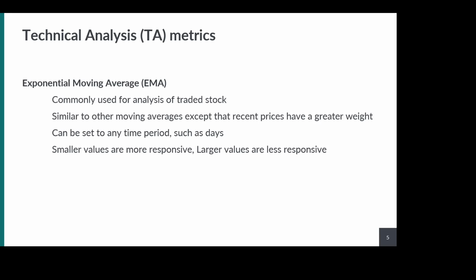This is particularly useful so that the EMA is more sensitive to events and changes in the market as they are occurring. We can set any period for this exponential moving average, and in particular, the wider the window that we choose for the EMA, the less responsive the EMA is, and if we have a tighter window, so smaller values, then we end up with a more responsive EMA.